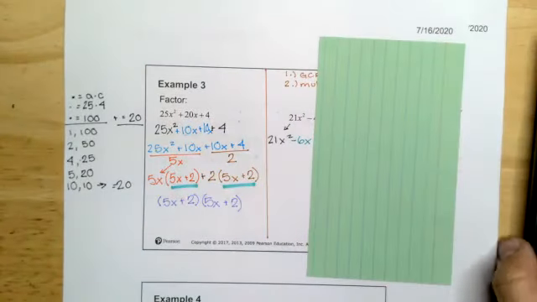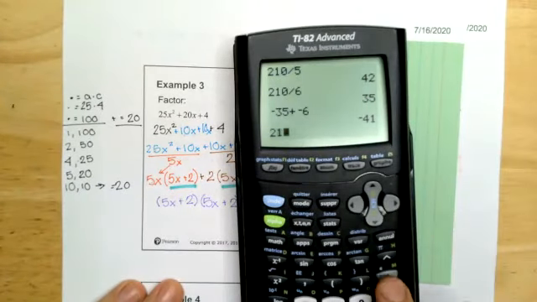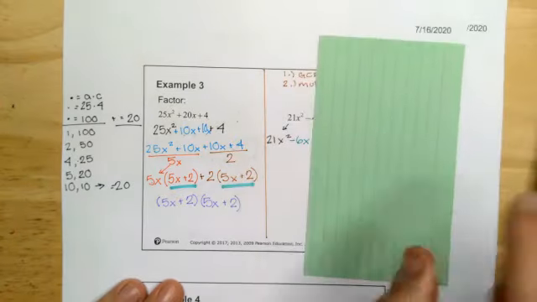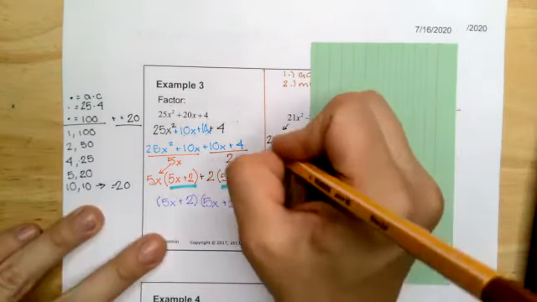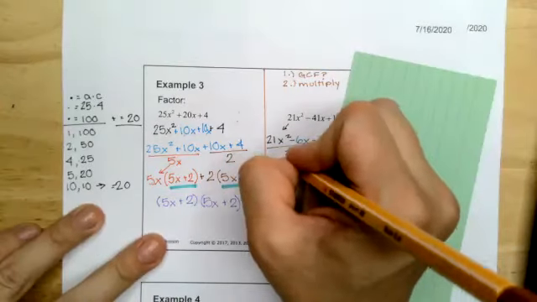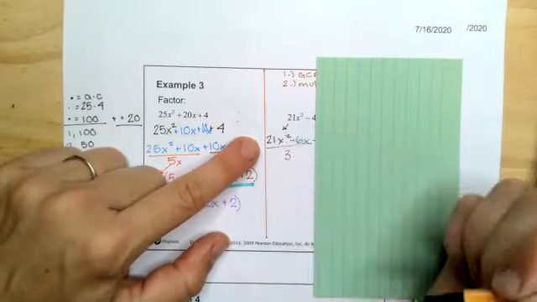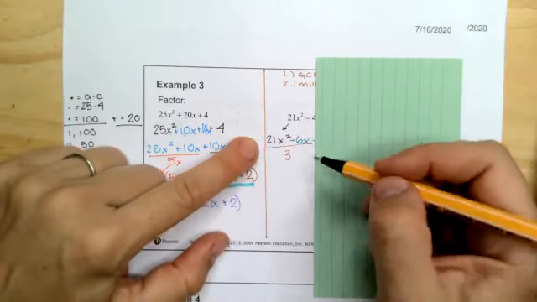21 and 6. Can I take 21 and divide it by 6? No. Can I take 21 and divide it by 3? Yeah. Can I take 6 and divide it by 3? Yes. So take the factors of 6 and see if either of them can be multiplied to equal 21. The factors of 6 are 1 and 6, 3 and 2, right?